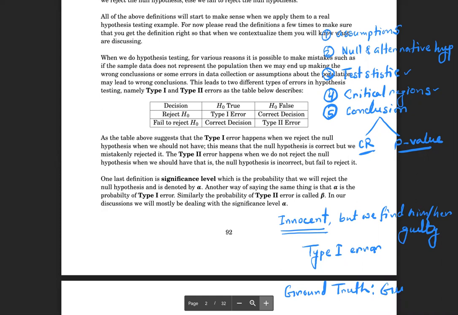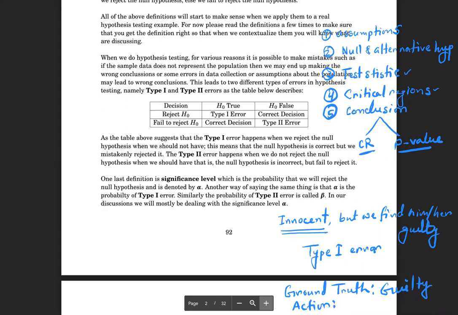The person committed some crime. The person goes through the judiciary system and the trial, but the action is that the person is found innocent.